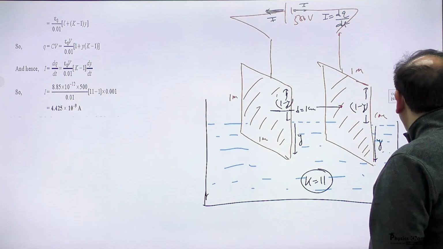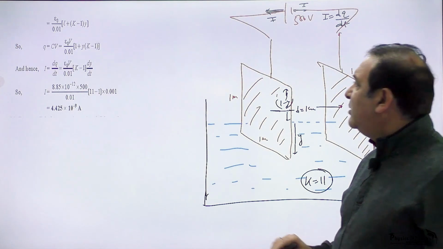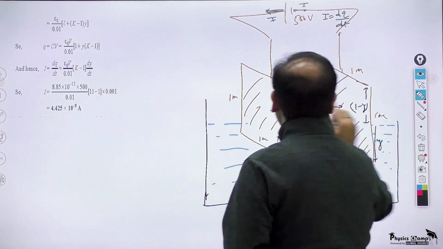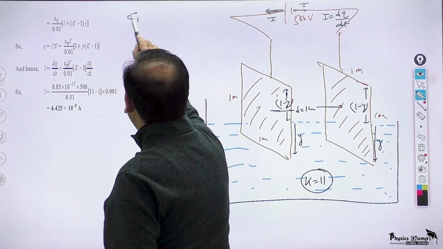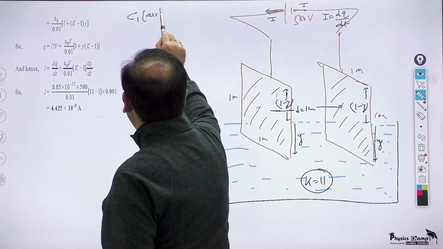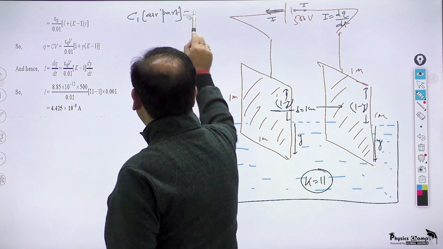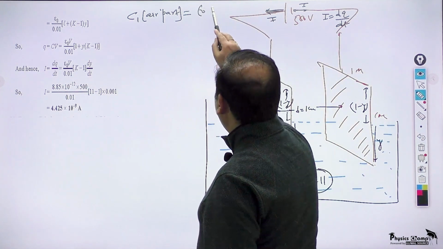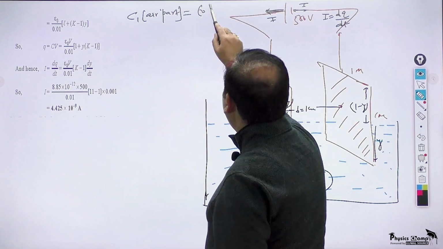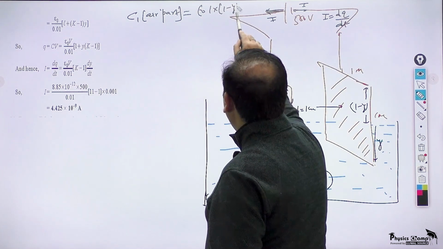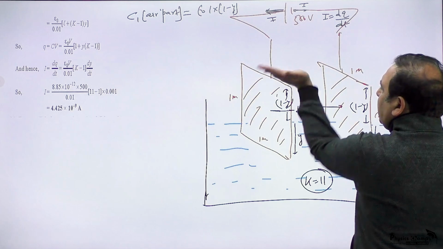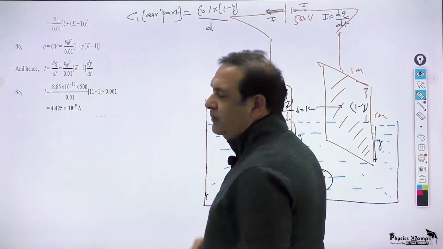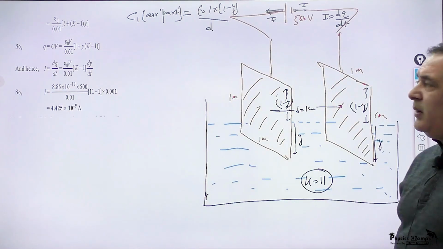I can say the capacitance of the first part, the air part of these capacitor plates, will be epsilon naught into area, where area stands for 1 into 1 minus y, because one side is 1 meter, but the side which is in air is 1 minus y, divided by d. So this is the capacitance of this air part.